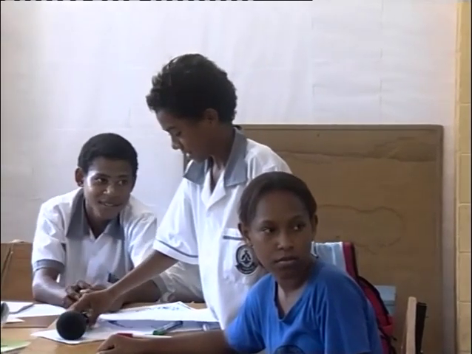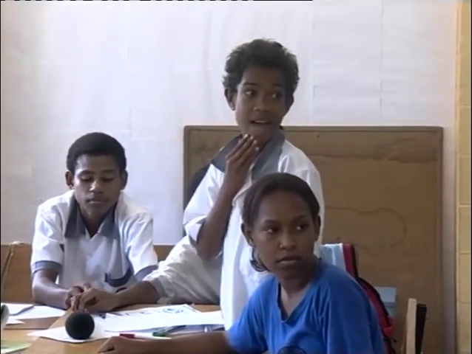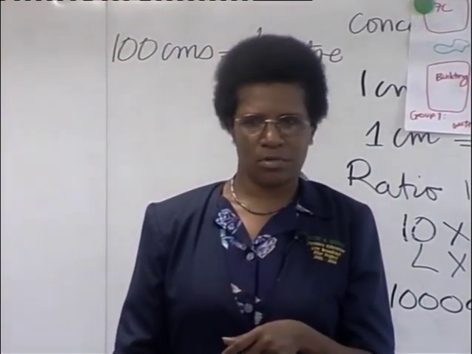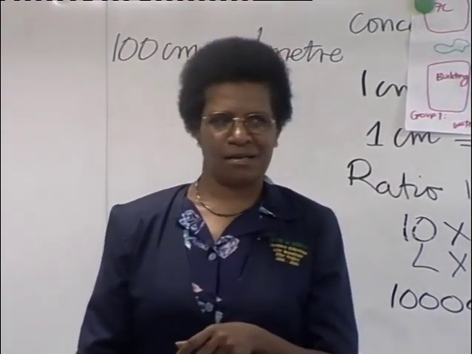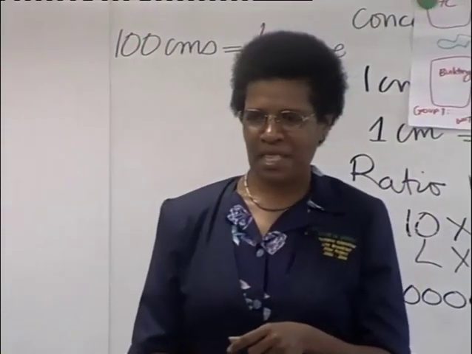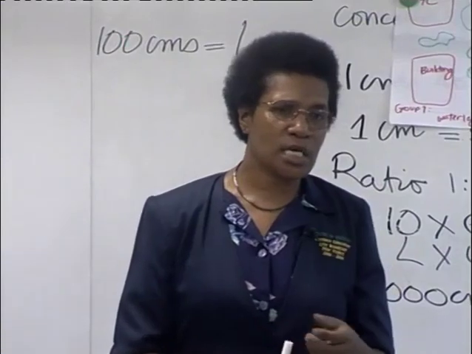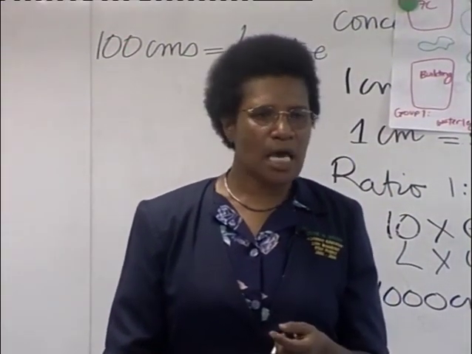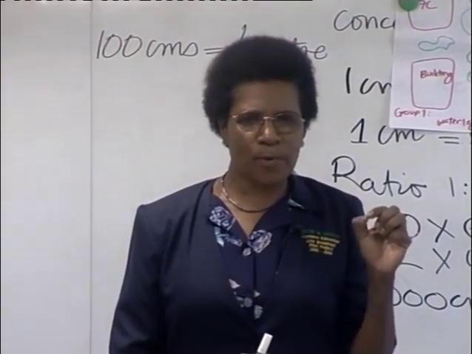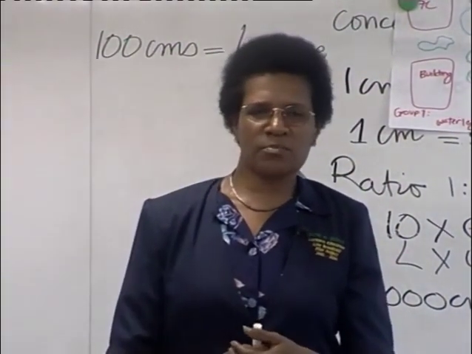You are simply converting the meter to centimeter. What do you do? Yes, Francis? Times the square meter by 100. Okay. Now you are multiplying 100 centimeters by the meters that you come up with to get the centimeters that you need.